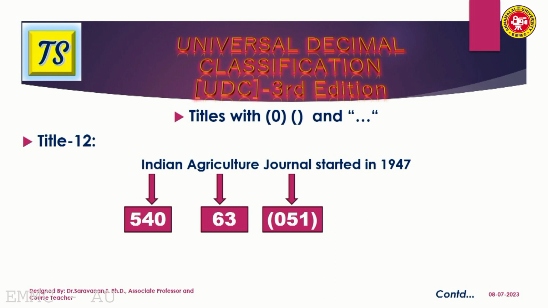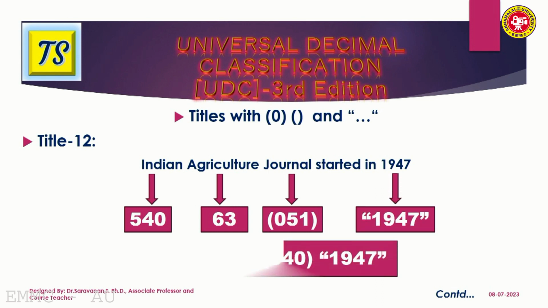It should be placed within parentheses. And the year should be transferred like this. So the final number should be 63, the basic class of course, followed by the form of the document 051, and the place 540, then the time 1947.